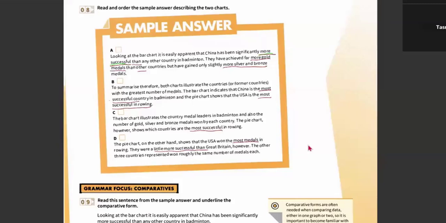And for the summary paragraph, I saw that there was a summary given for both the charts and the overall trends about them. Very good. Excellent. That is how you should assess the whole sample answer and write accordingly.